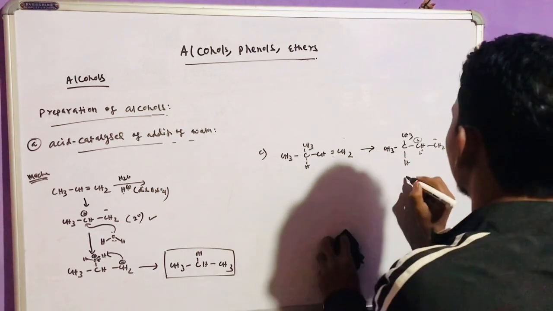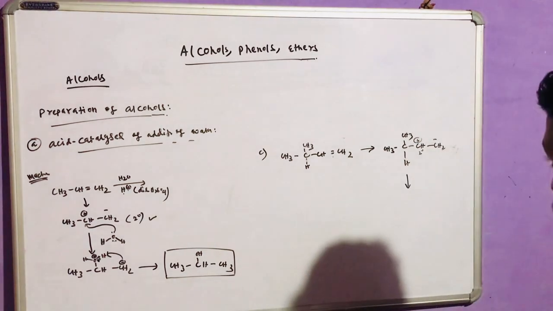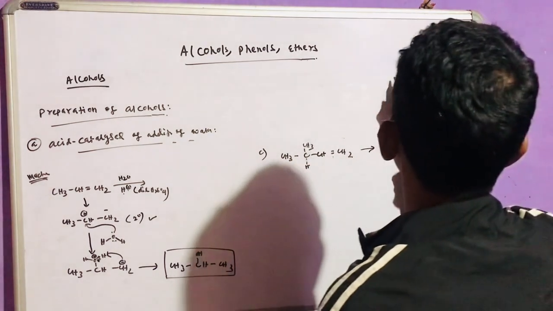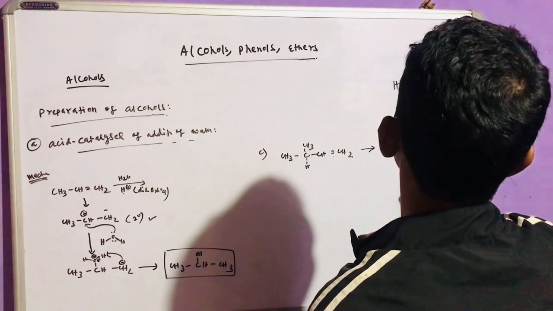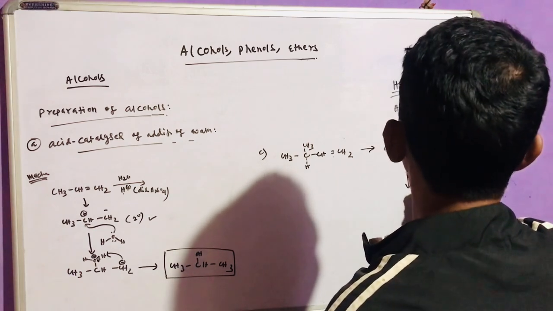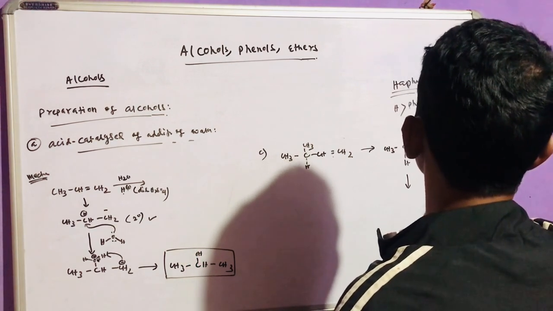So now, since this is 2 degree, another rearrangement is possible. Okay, so you have to remember the order: first a hydrogen shift occurs, then phenyl, then any methyl groups.